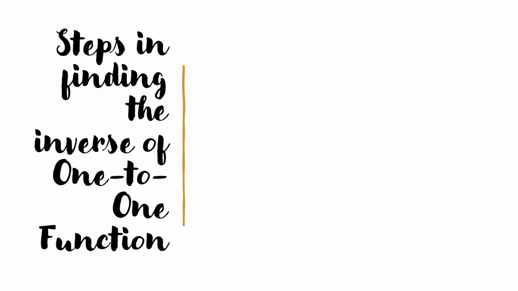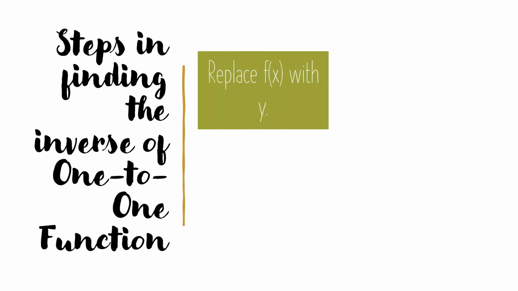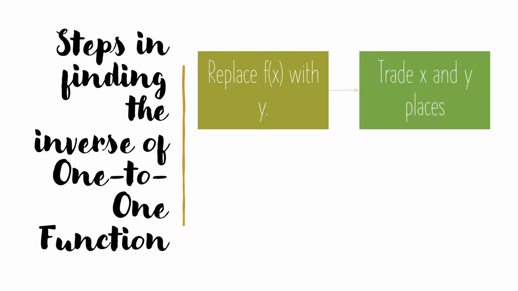Okay, now, how are we going to determine the inverse of a certain one-to-one function? Now, we have here the steps for finding the inverse of a one-to-one function. The first step that we have to do is to replace f of x with y. If we already replaced f of x with y, then we can now trade the places of x and y. So we just have to replace x with y and y with x.